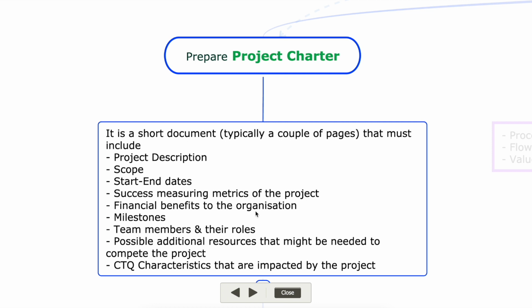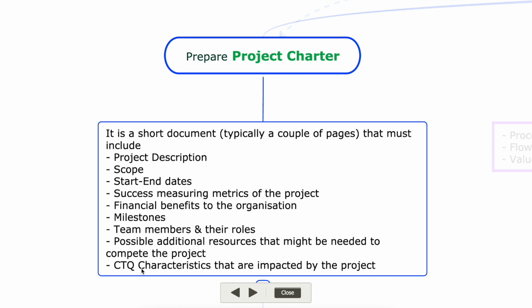The financial benefits to the organization of this project, milestones of the project, what the team members are and what their roles will be in this project, and if there can be a possible need of additional resources for the completion of the project, those must be included in the project charter also.